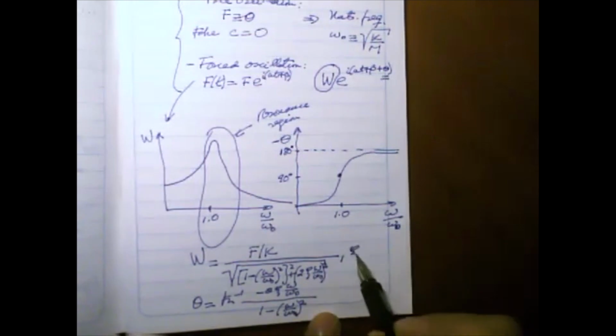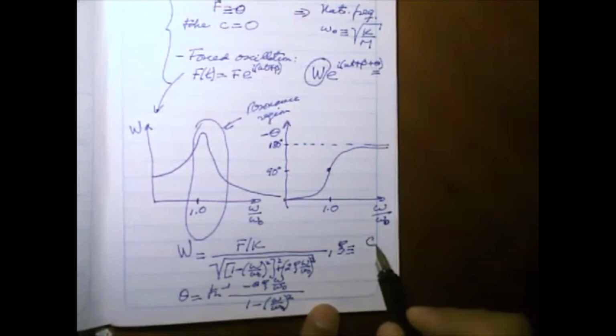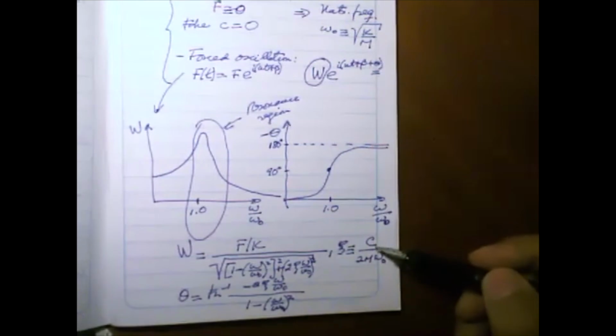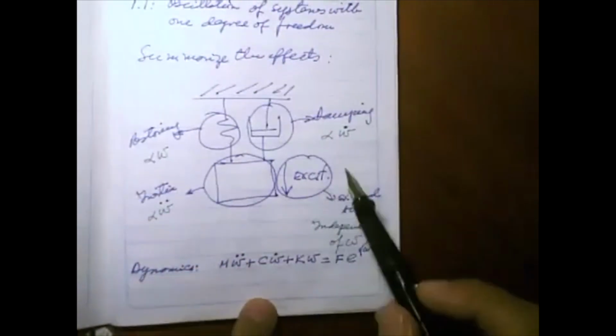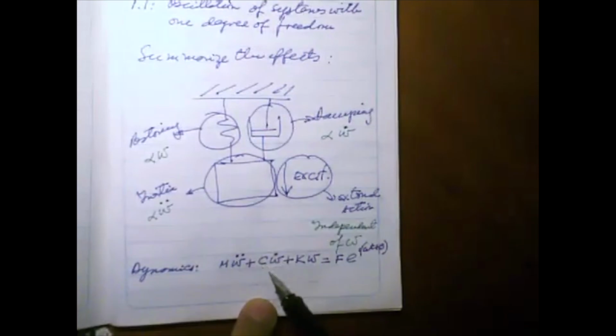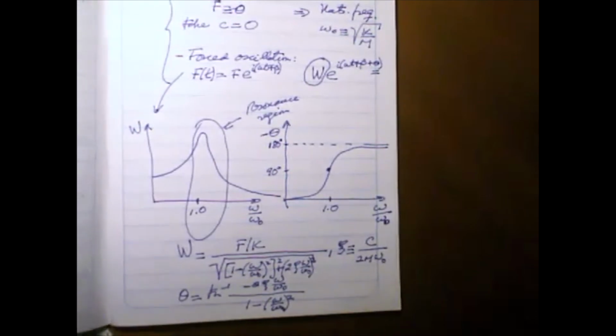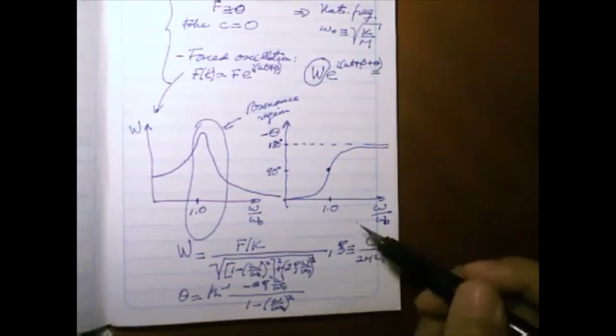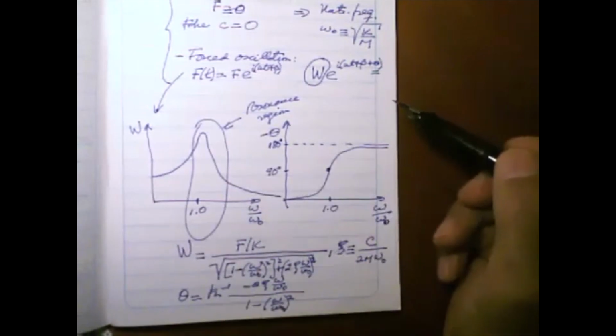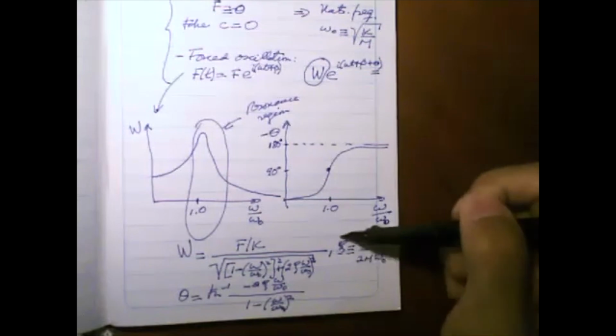Here we have this little snaky symbol, zeta. That's by definition, remember, C divided by twice m omega 0. The C here is the constant of the damping effect. So if you have a large C, you have a larger zeta, and the W will be reduced. Okay, and when we plot this, we remember that we consider one single value of zeta.